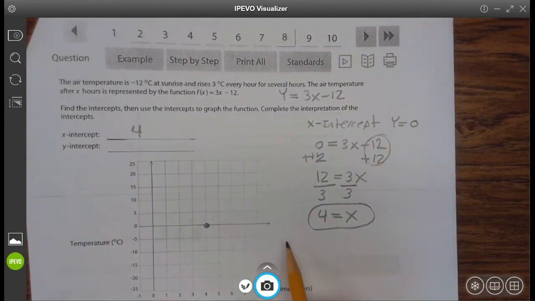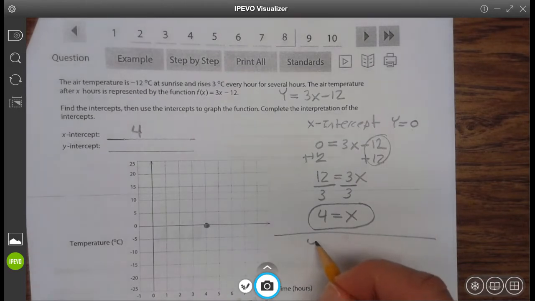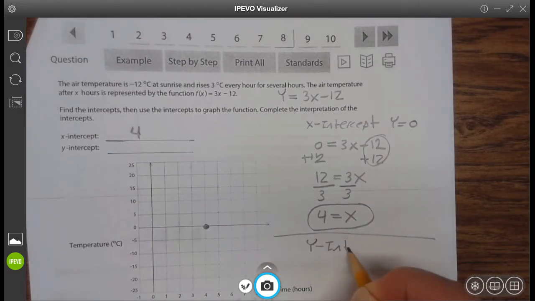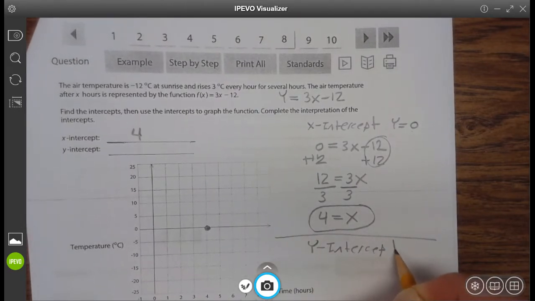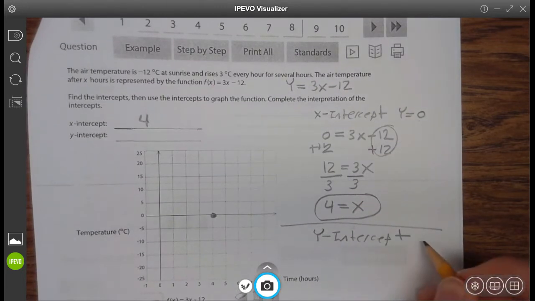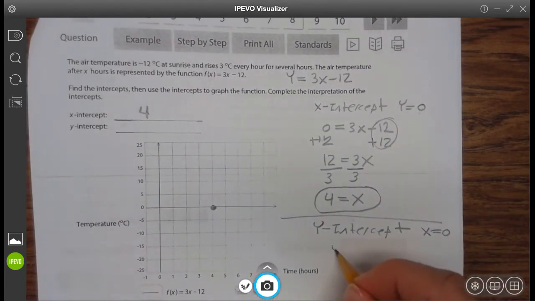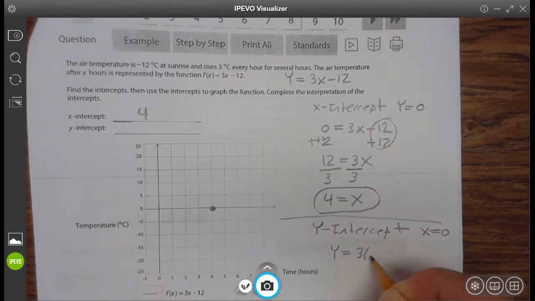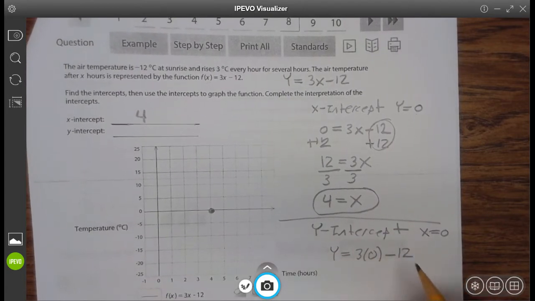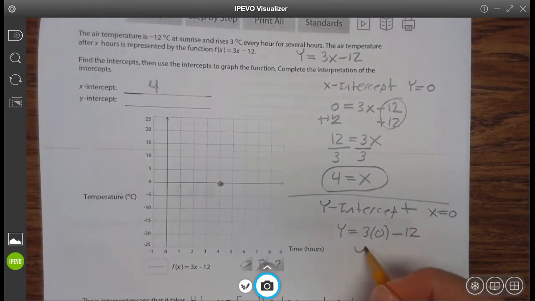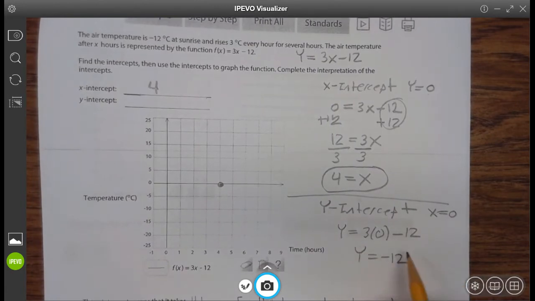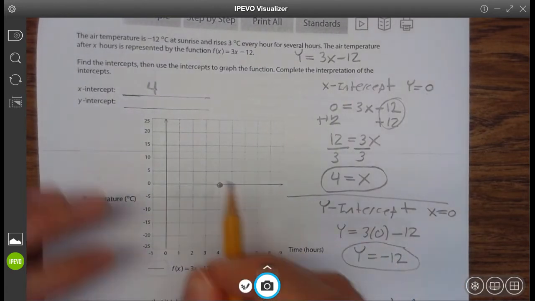All right. So now let's find the y-intercept. When it's a y-intercept, it's when x equals 0. So we're going to plug in 0 for x. So that's y equals 3 times 0 minus 12. So y equals negative 12 is your y-intercept.